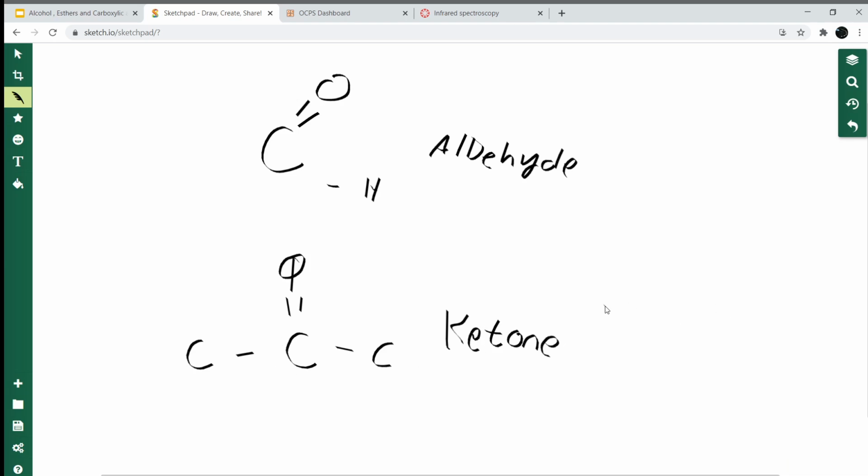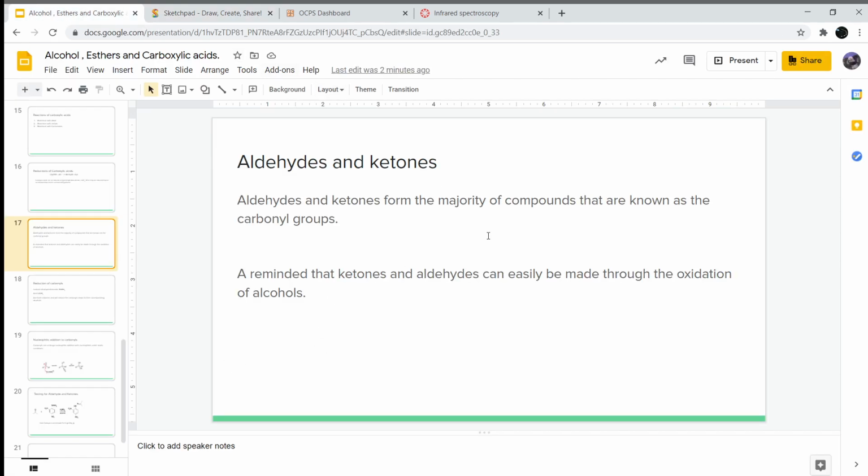It can only be on a secondary carbon. It can't be on a tertiary one because we can't get a double bond on that carbon. So this set of reactions is going to be based off of just the aldehydes and ketones.